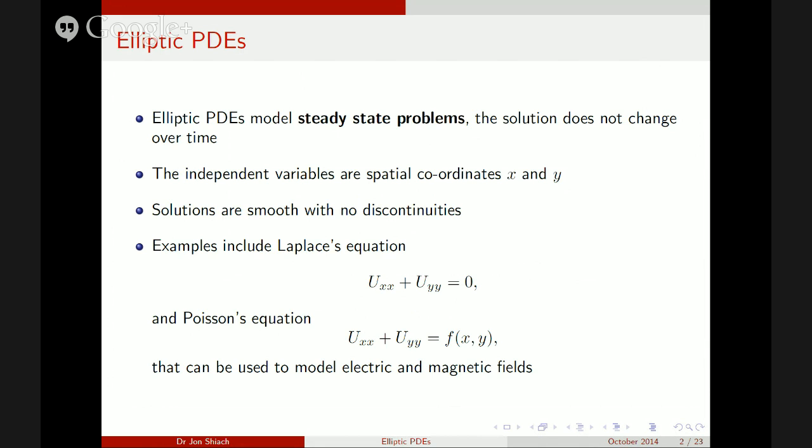Whatever that function is depends upon what you're modeling. As it says at the bottom there, these both tend to be used to model electric, magnetic fields, gravitational fields, that sort of thing. So elliptic PDEs, essentially steady state, don't depend upon time, they do depend upon space.